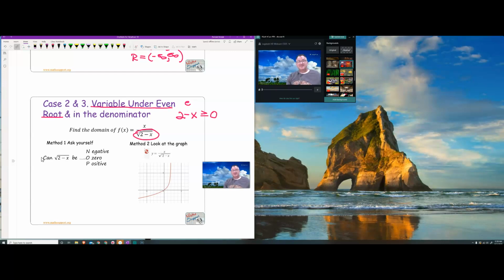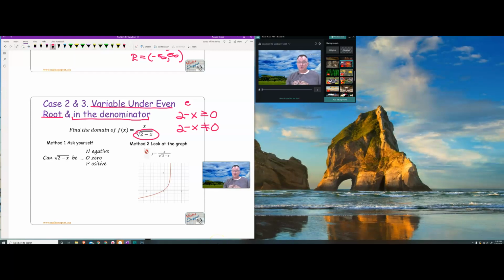But since it's under a radical in the denominator, this result can't be 0. You can put a 0 in for x, but the result of 2 minus whatever you put in can't be 0. So this part of it tells me that 2 minus x cannot be 0.